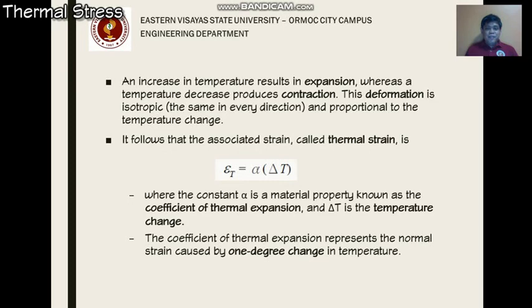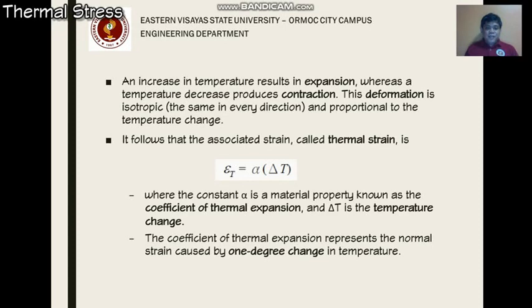So the formula for thermal strain is given by epsilon T is equivalent to alpha times delta T, where alpha is the constant known as the coefficient of thermal expansion and delta T is the temperature change. The coefficient of thermal expansion represents the normal strain caused by 1 degree change in temperature.